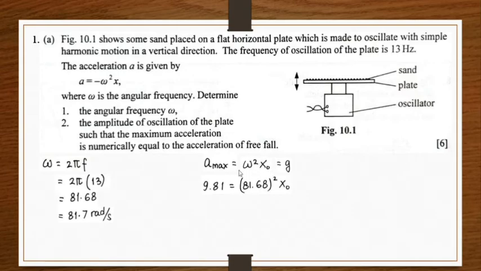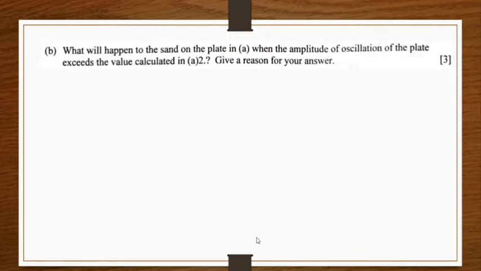This is the maximum acceleration. We can find here that x0 is equal to 0.00014704 in meters. So in millimeters, using 3 significant figures, it becomes 1.47 millimeters.